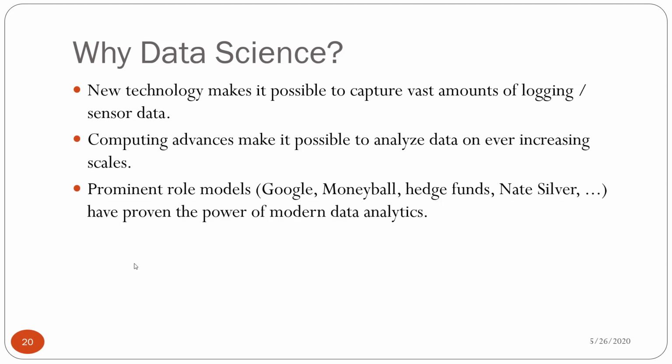And then we have some role models as well. We see different organizations and companies around us which have been very successful by exploiting machine learning algorithms or by doing data science. Examples could be Google and some hedge funds, and then there are some smart people like Nate Silver. If you want to read about him, you will find some interesting facts.